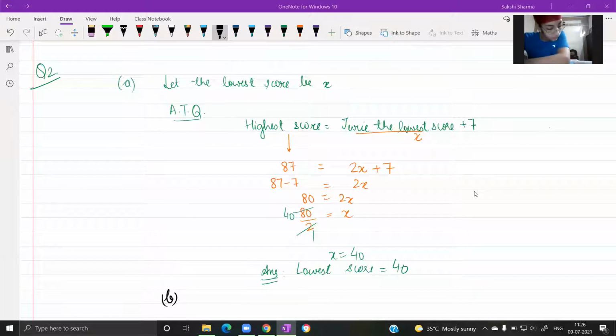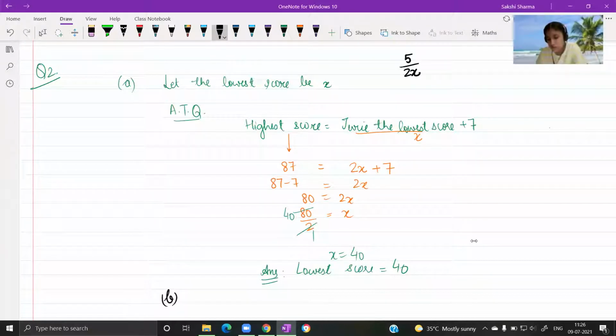Ma'am, like this 5 by 2x. In this, the x is in the multiply case, and by moving to the other side, it will mean division. So can you give me an example in which the variable is in the divide case? Okay. If the variable was written with 2 in division, we don't solve it the way I have done the previous part.